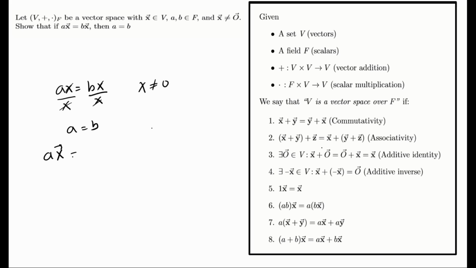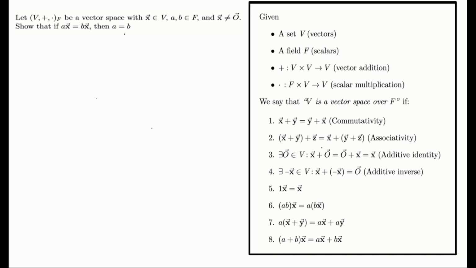If a times a vector x is equal to b times the same vector, and it's not the zero vector, then we still have that a equals b. Let's see why. If x is a vector and a and b are scalars, and x is not the zero vector, let's show that if a times the vector x is equal to b times the vector x, then a equals b.